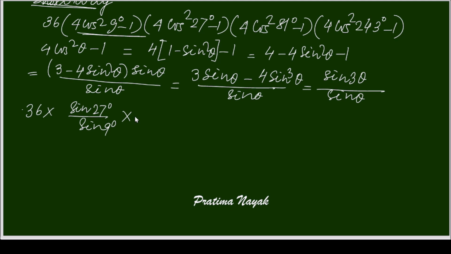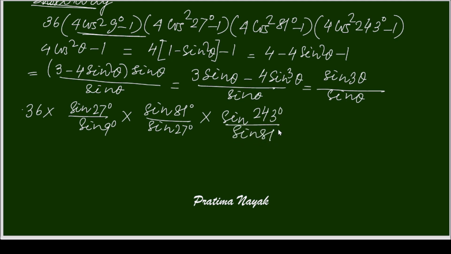Second one will be sine 81 degree, 3 times 27, over sine 27 degree, multiplied by sine 243 degree, theta is 81, and the last one will be sine 243 into 3, it will be 729 over sine 243 degree.